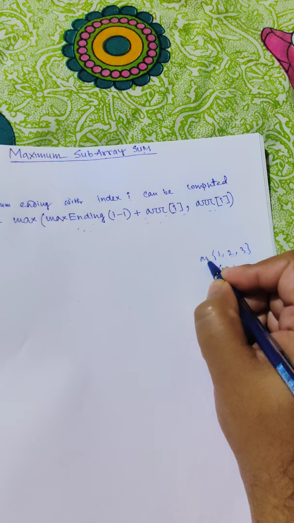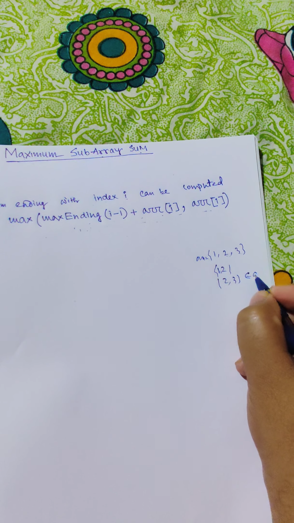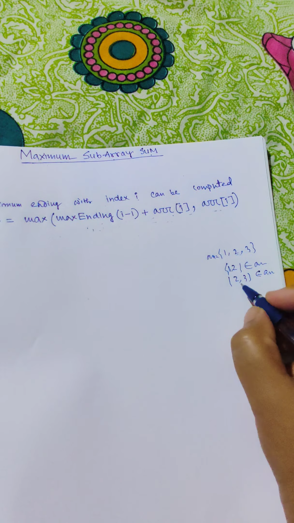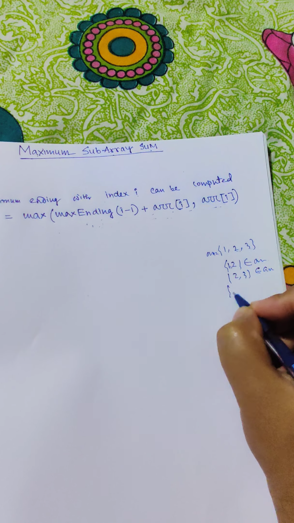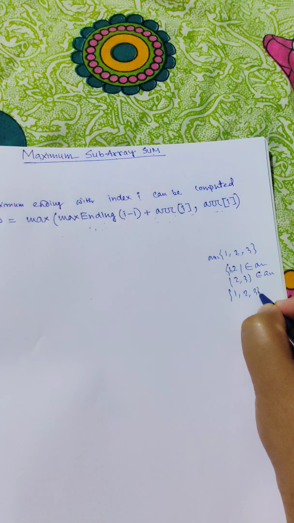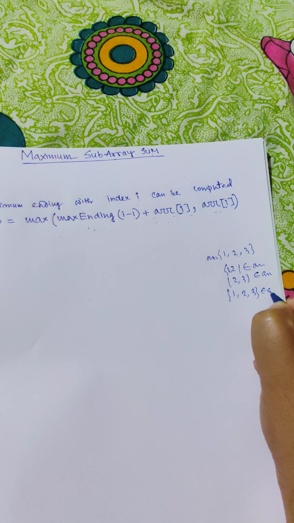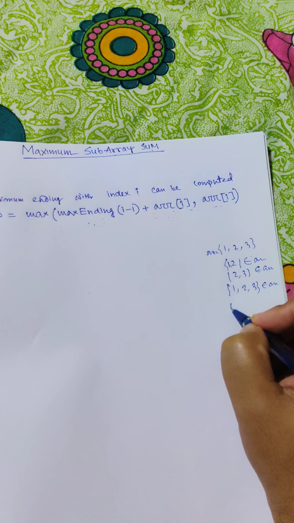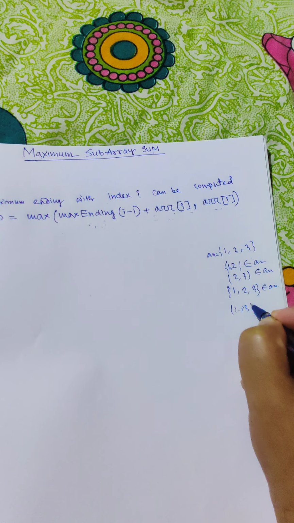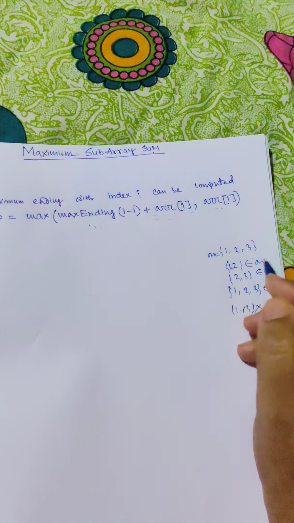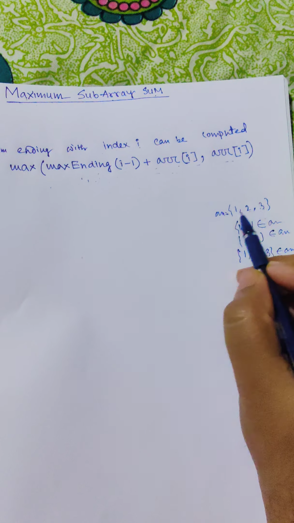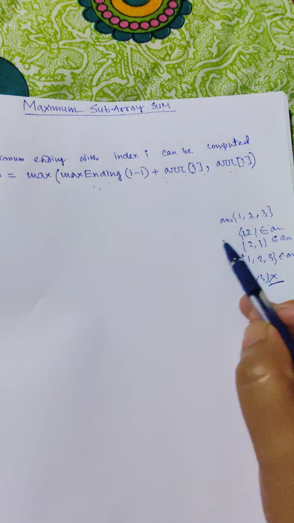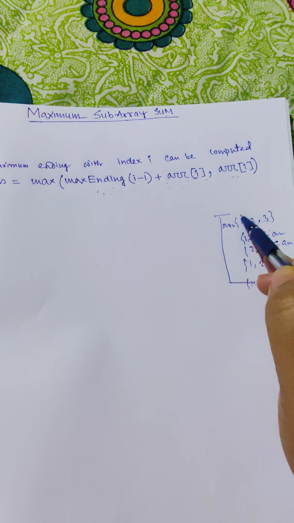Itself, 1 2 3 is also a subarray of 1 2 3. But the point is you cannot say 1 3, right? Because that's not contiguous, so this is not an option. 1 and 3 do not lie in a continuous location. So that is the concept of a subarray.